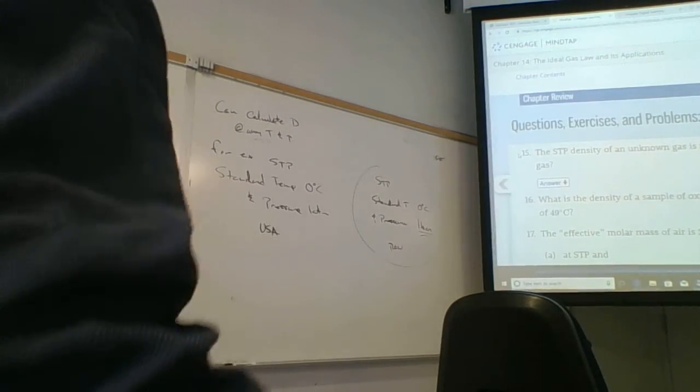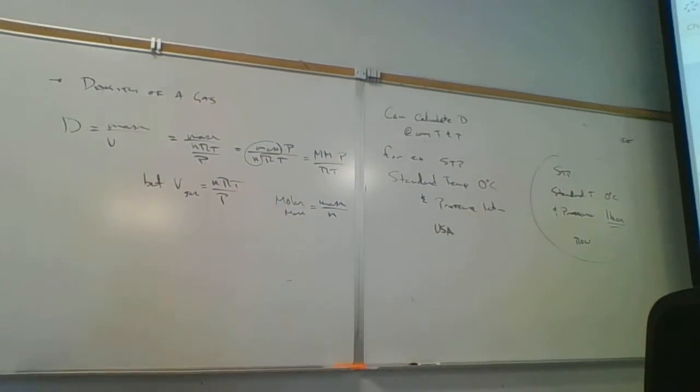Well, first off, what is the molar mass of oxygen gas? Each oxygen atom is 16, so there's 2 of them, so this is going to be 32.00 grams per mole. The pressure is 1.40 atmospheres, and the temperature is 49 degrees C, which in Kelvin would be 322 Kelvin.